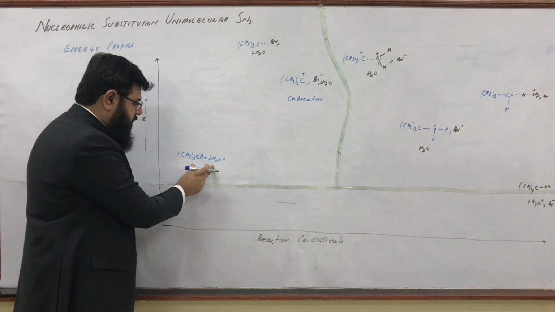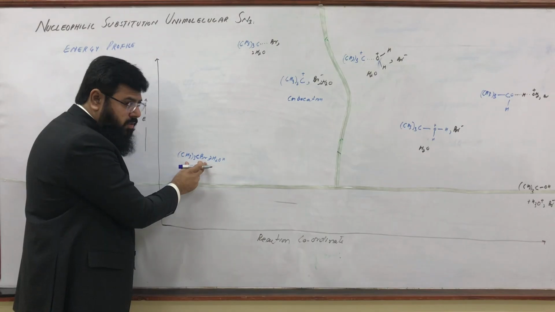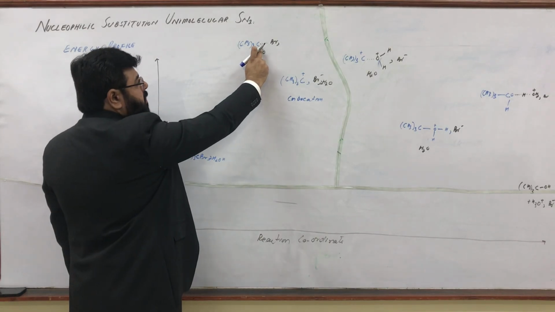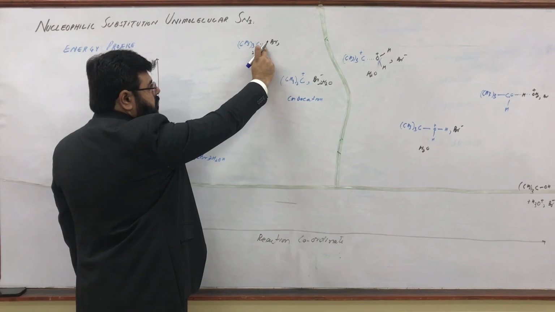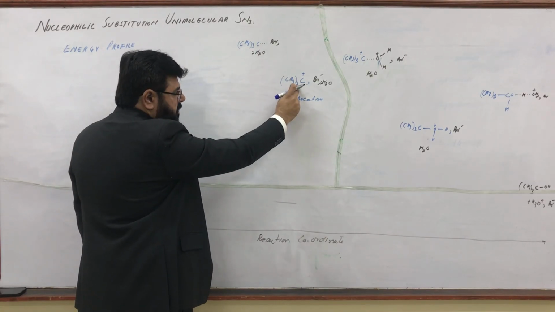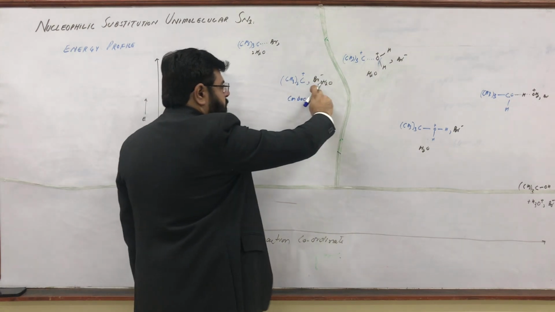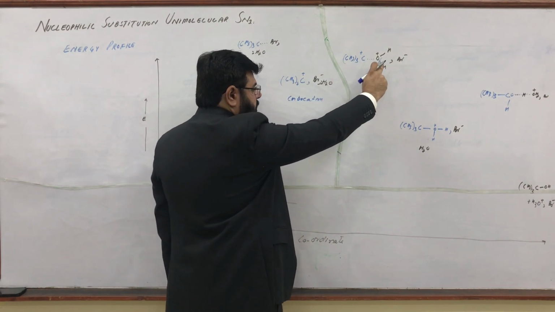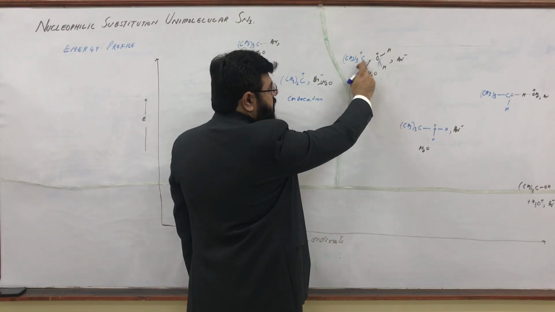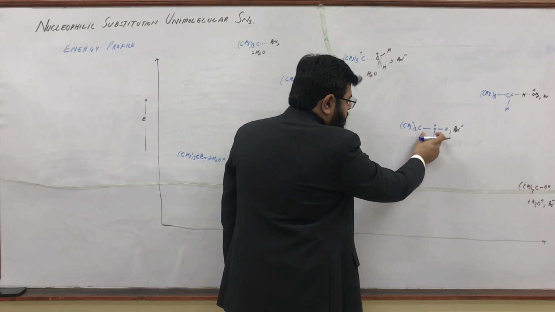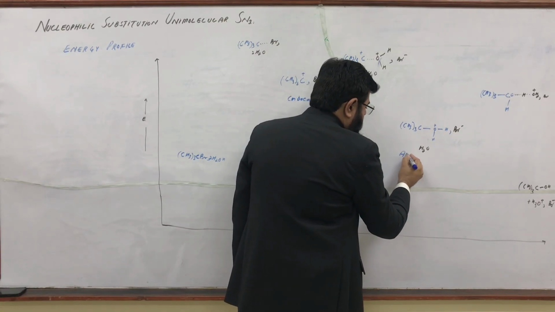From here, we can see the species are neutral, their energy is low. When their bond starts to break, energy will go to a higher level. When the bond is broken, the energy is down. Further, when there is bond development, the energy will increase. After the settlement of this bond development, the energy will again decrease and we shall obtain alkyl oxonium ion.